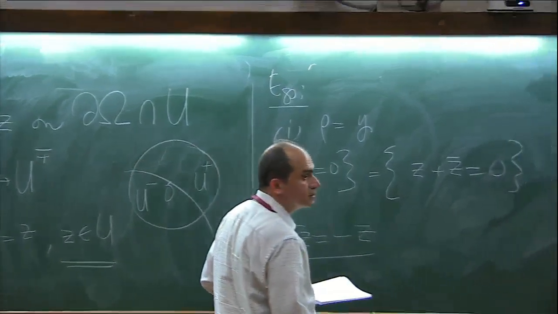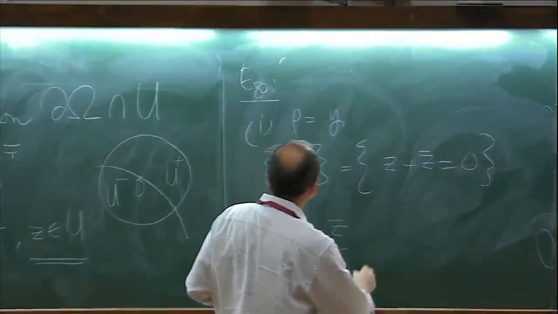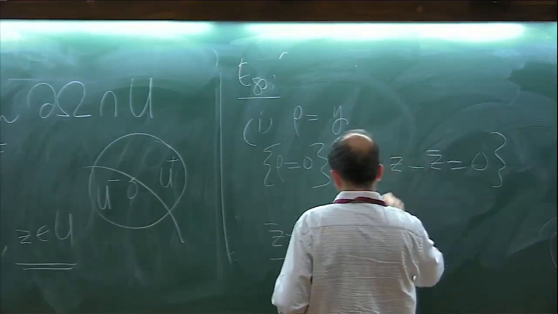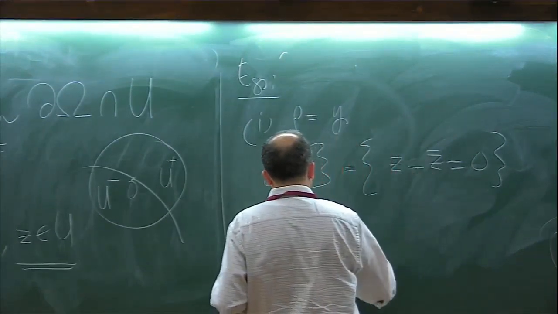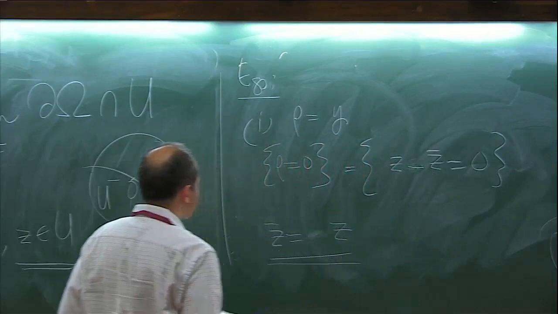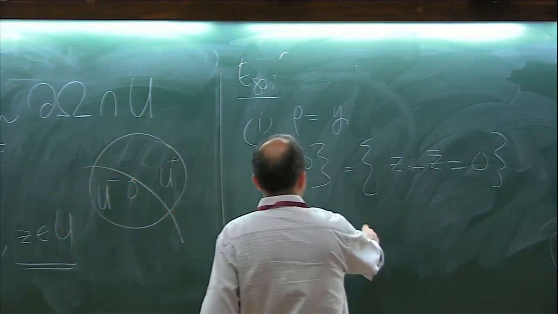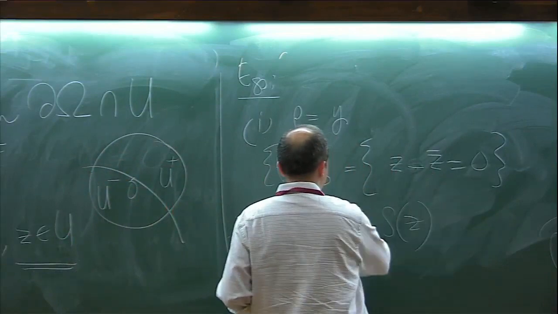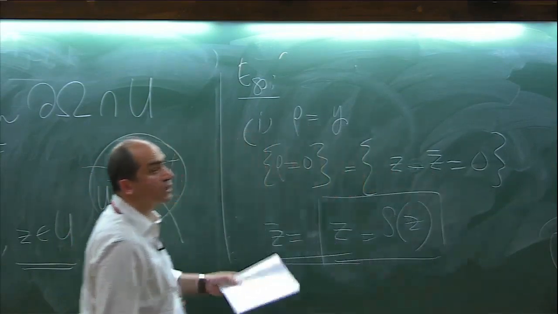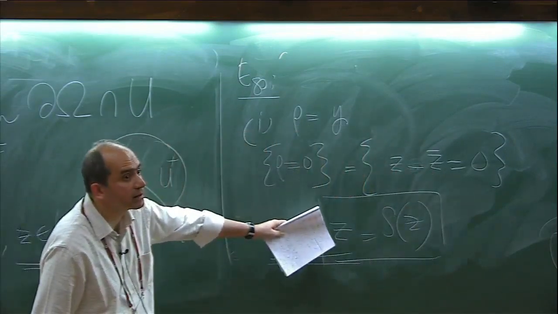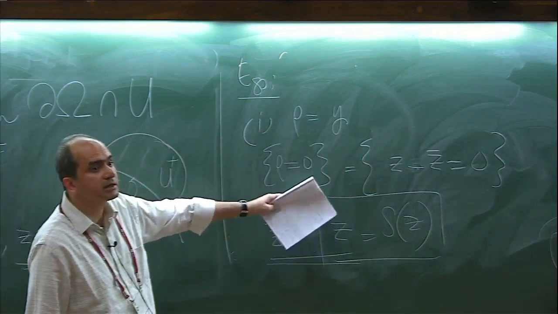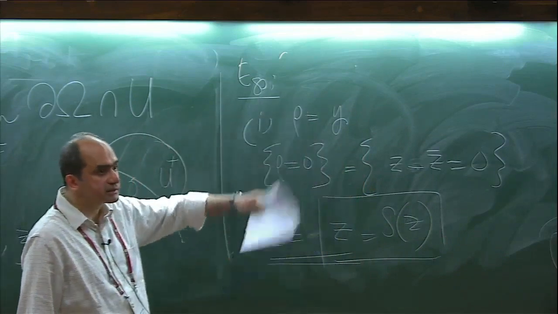Oh, z minus. So your Schwarz function is the identity here in this case. So what is R? R is z bar, and z bar is exactly the reflection in the x-axis.